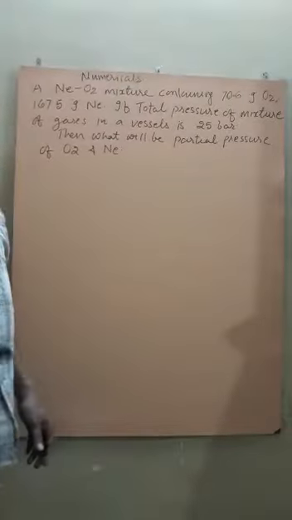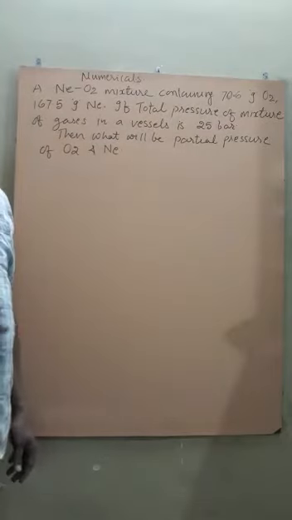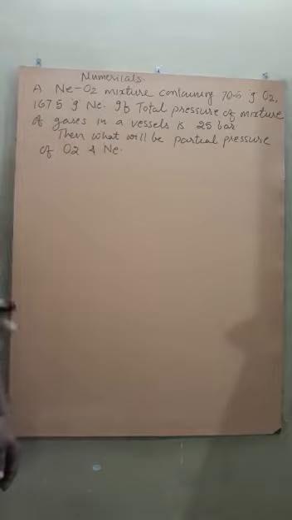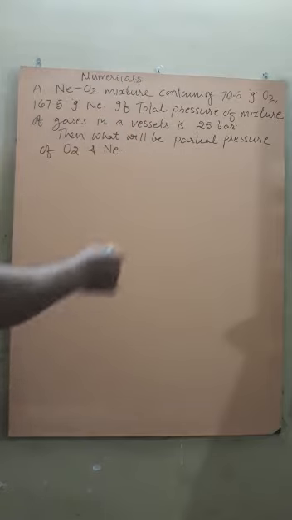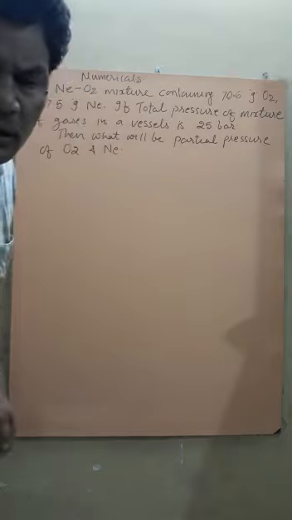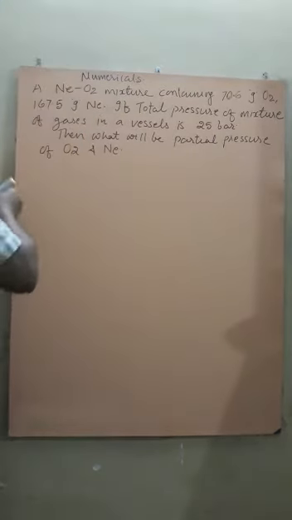Yes, student. Now, to understand Dalton's law clearly, we have to check one of the numericals. The numerical will make Dalton's law clearer. The question is about a neon and dioxygen gas mixture.